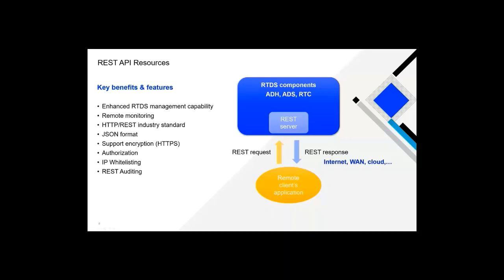For the data flow, it's pretty simple, right? So I can have a web client application sending an HTTP REST request to the REST server, which is built into the RTDS component. And the RTDS component will send an HTTP REST response back to the client for the resource that the client is interested in.